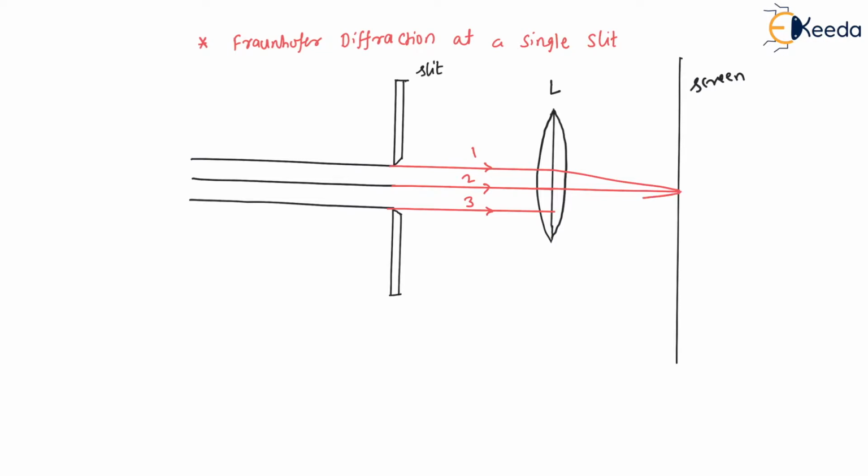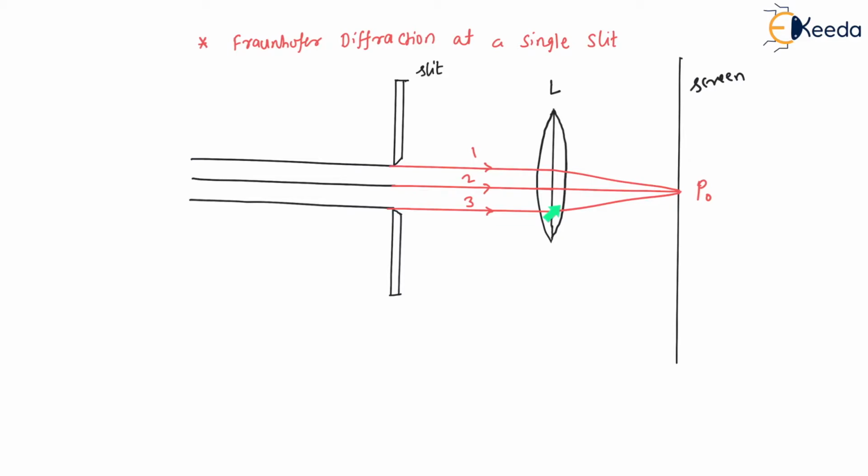So the first and third rays will hit the lens, and will hit the screen at a point, let it be this P naught. Now see, the first and third rays will travel an equal distance from this lens. From this point, for the first ray, let this distance be d.